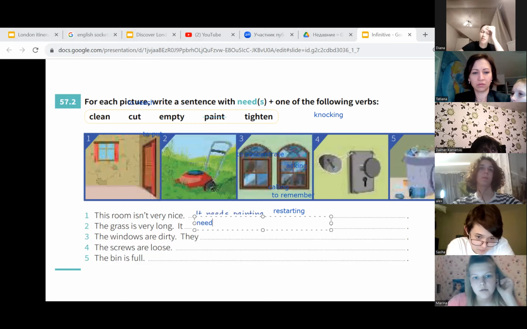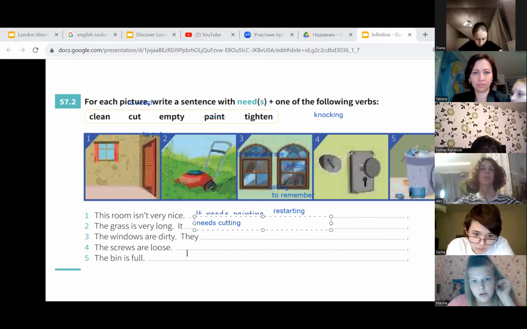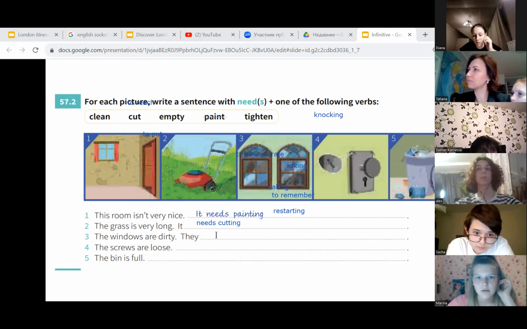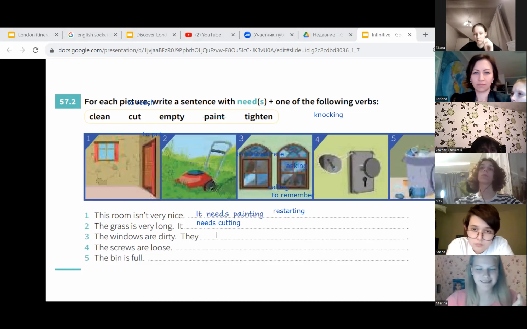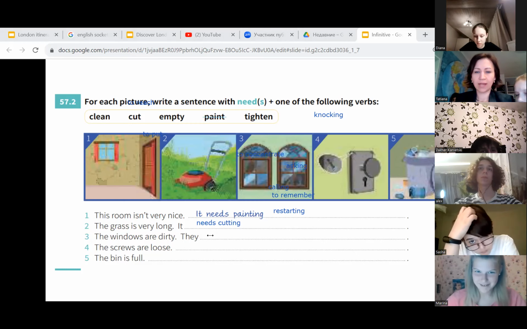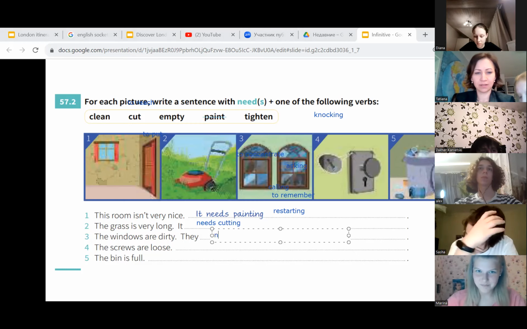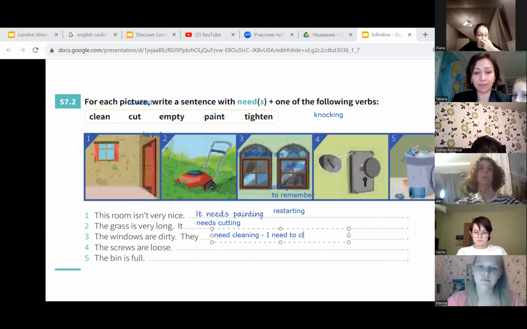The windows are dirty. They need cleaning. And if you say I need to clean them, okay.